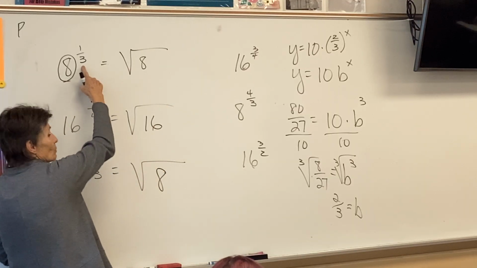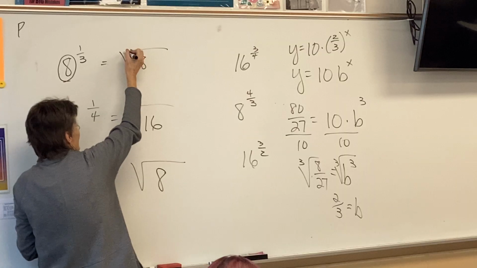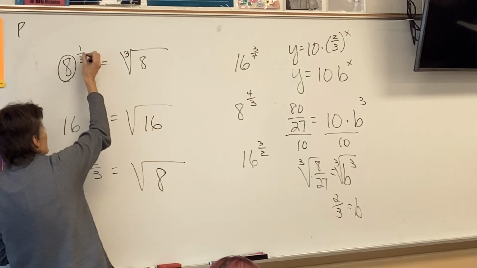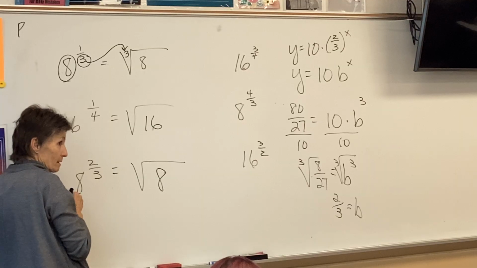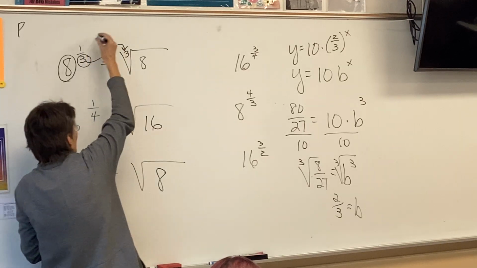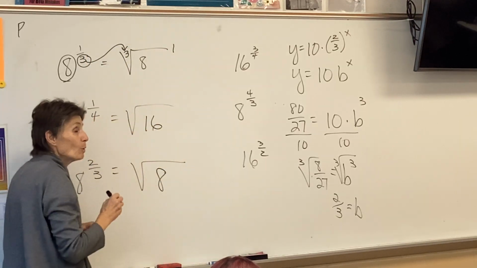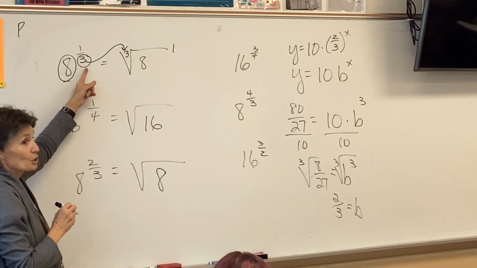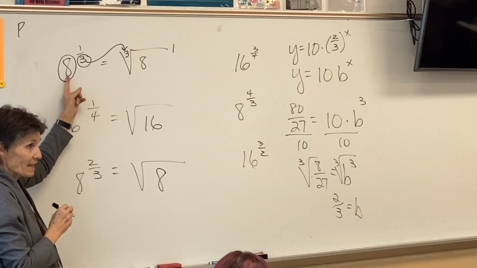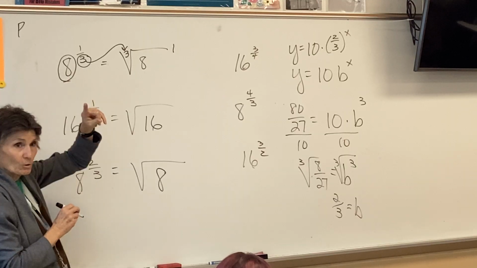So that's a 3. This is gonna be a cube root. So the denominator tells you what kind of root you're taking. The numerator tells you what power you're gonna raise that to. So this means the cube root of 8 to the first power.